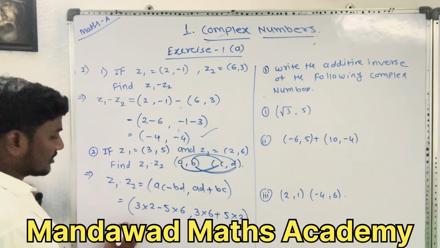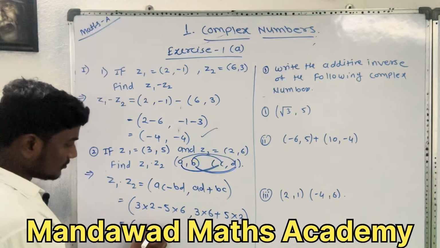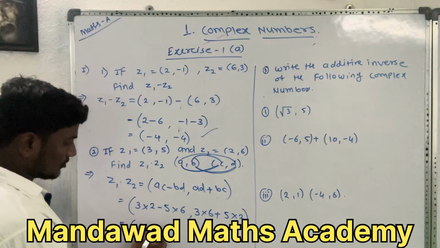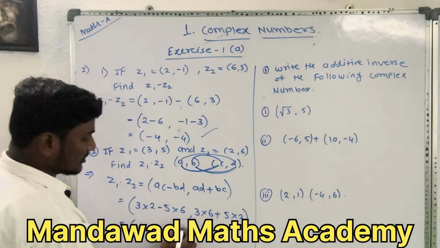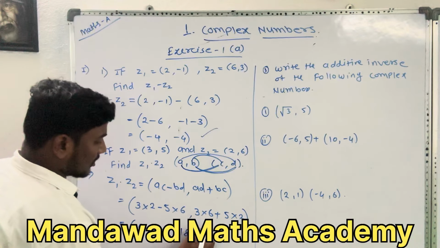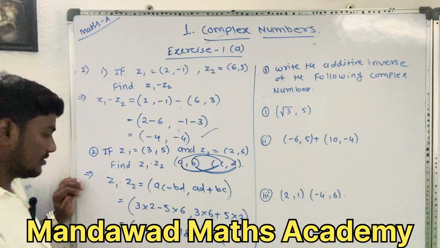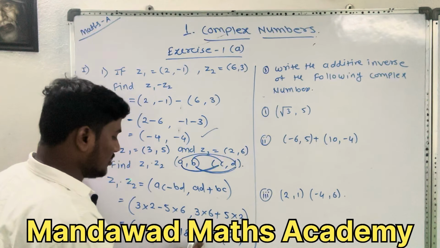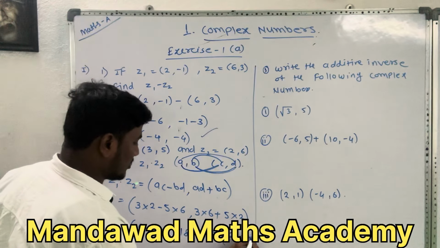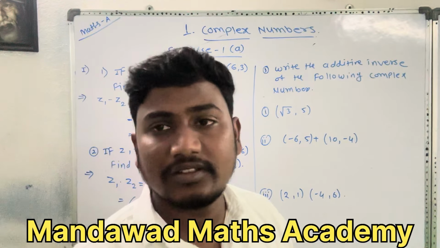To simplify, 2 3s are 6 minus 5 6s are 30, comma, 3 6s are 18 plus 5 2s are 10. So what do we get as the answer? 6 minus 30 is minus 24, and 18 plus 10 is 28. So this is the product of two complex numbers. Is it okay?